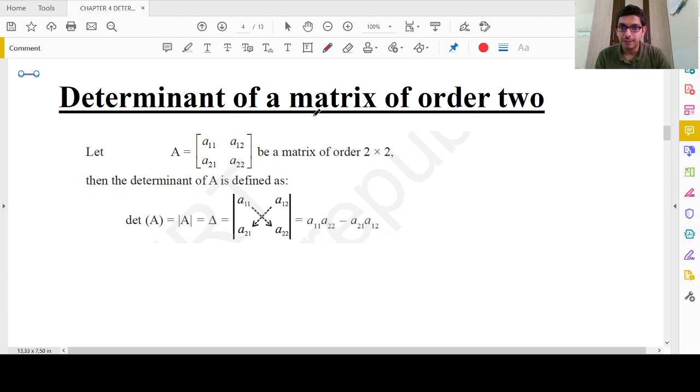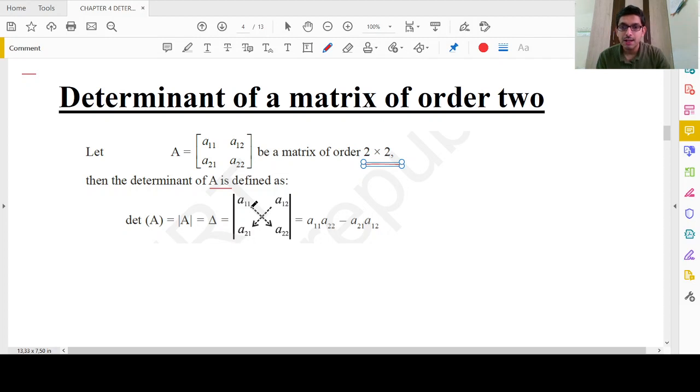Now, to find the determinant of a matrix of order 2, that is, a square matrix of order 2 by 2. Let A equal a11, a12, a21, a22, which is the general form of a 2 by 2 matrix. Then the determinant of A, denoted by det A, determinant of A, or delta, is defined as the product of the diagonal elements minus the product of the non-diagonal elements.